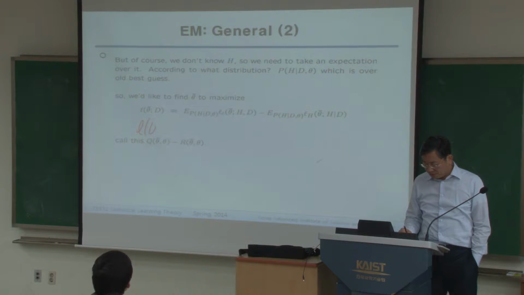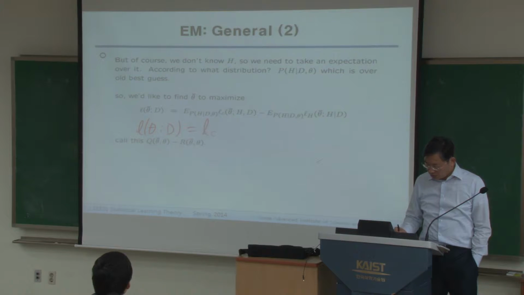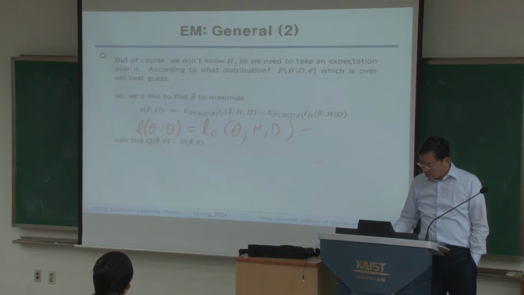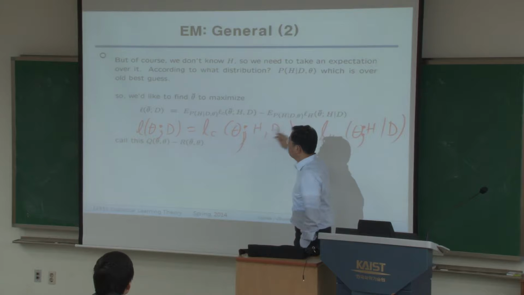So remember I had log of the likelihood of theta equals log of the joint of H and D given theta, minus log of the probability of H given D and theta. That was from the previous slide.